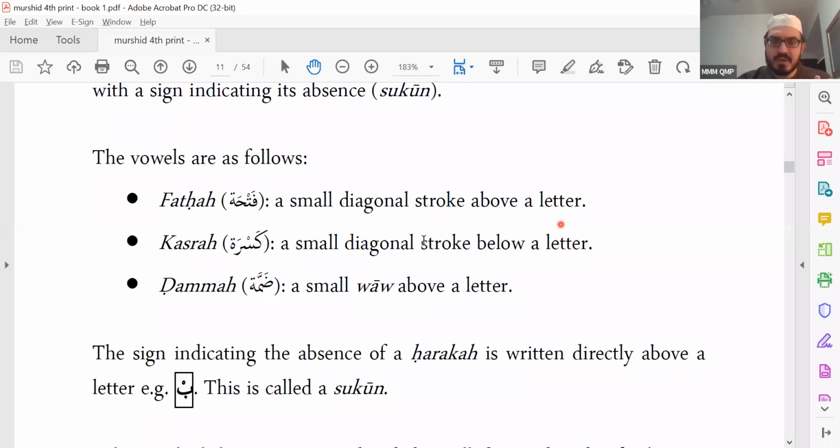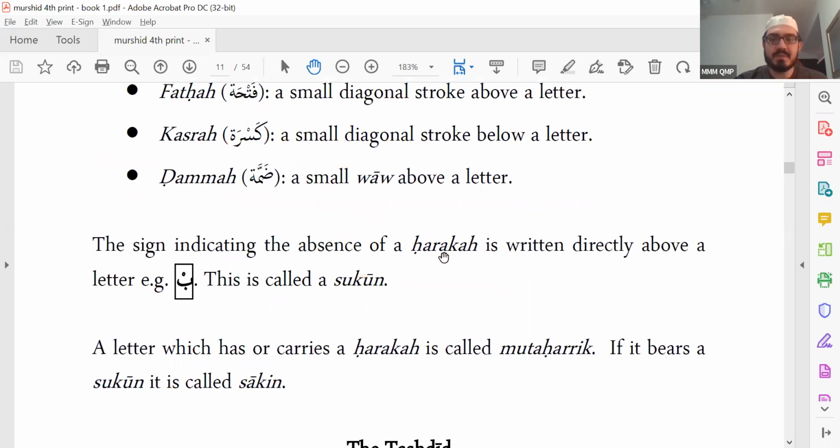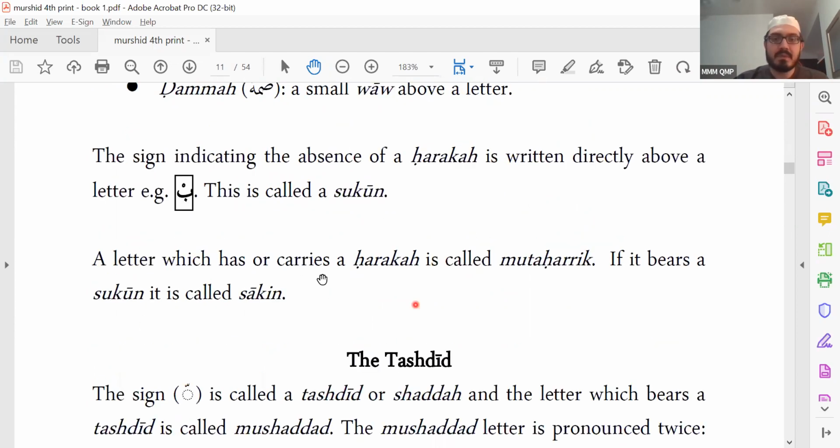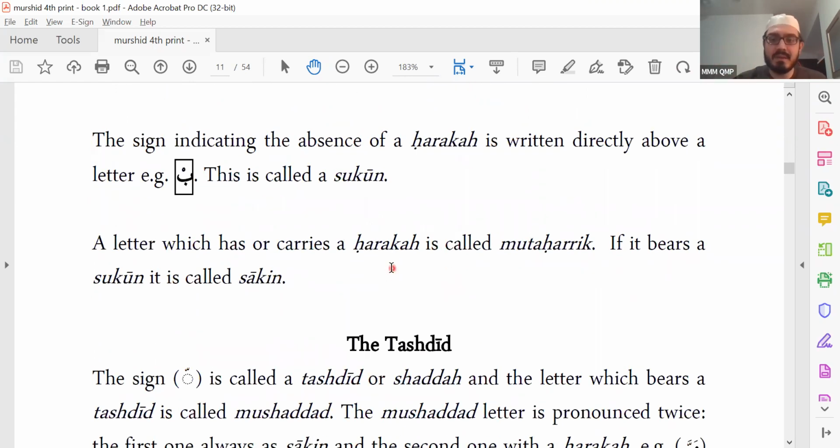Does everyone know? I'm sure you must be familiar with these, right? But it's just a review here, right? So fatha makes a, kasra makes i, dhamma makes u, you round your lips. So the sign indicating the absence of haraka is written above it, and it's called sukun. Now, the letter which has a haraka is called mutaharrik.